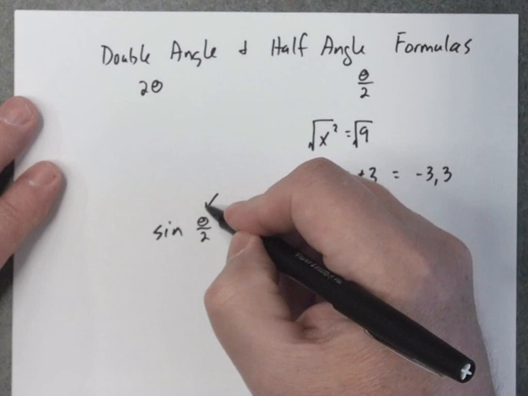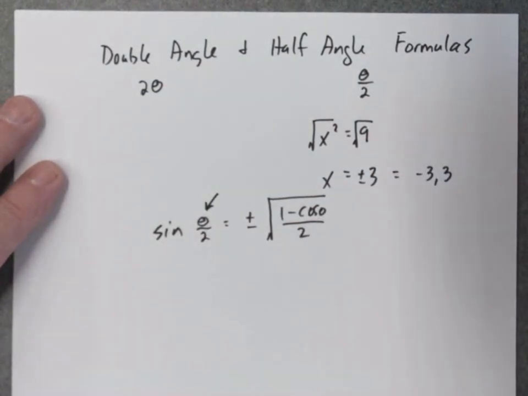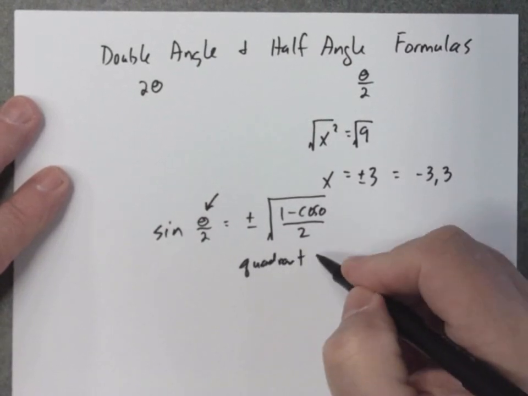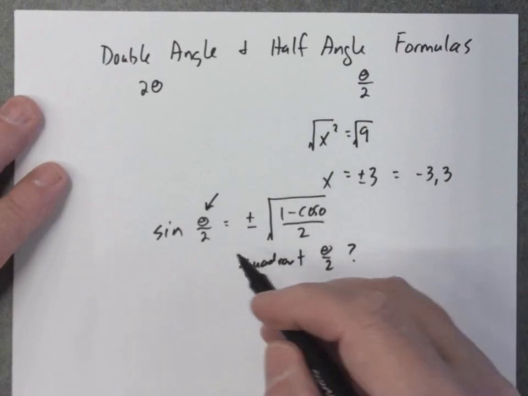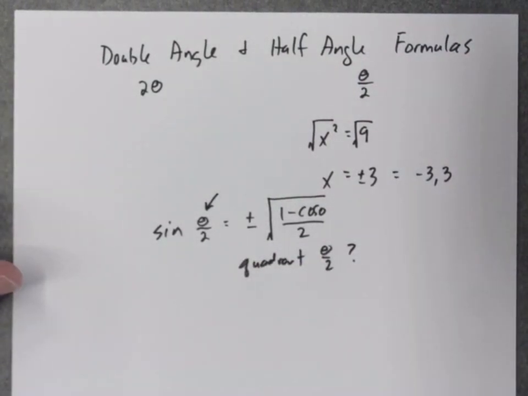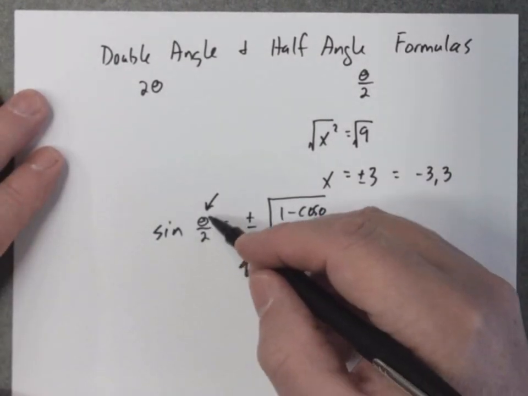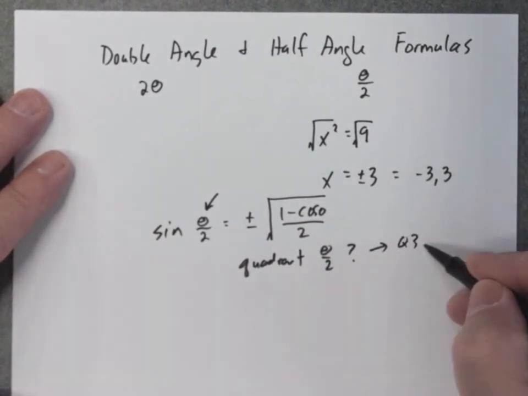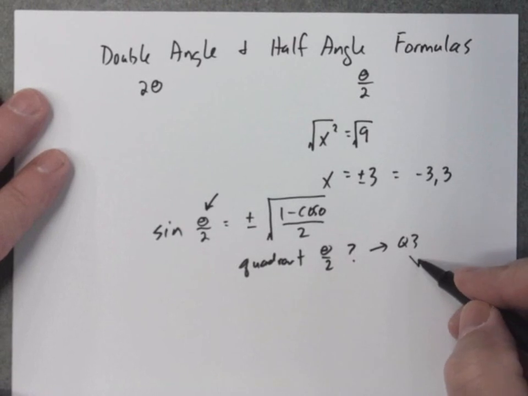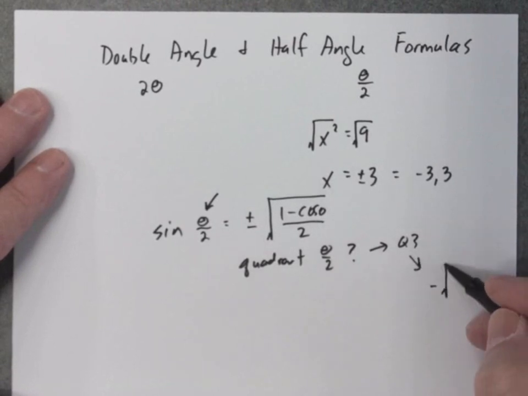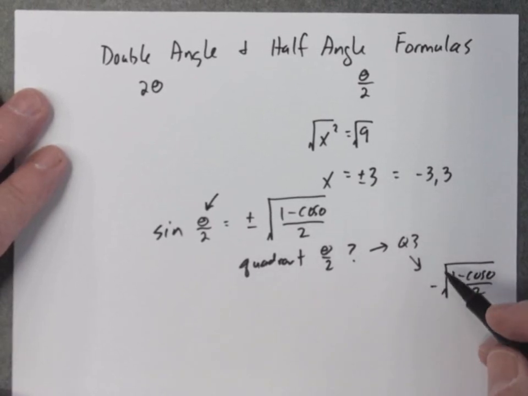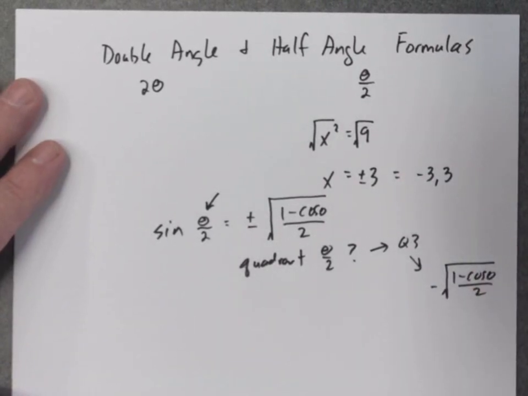And it goes back to, you go see which quadrant the angle theta over 2 is going to be in. So if you do a problem where you figured out that this theta over 2 angle is in quadrant 3, then in your formula you put the minus in front, because you know in quadrant 3 the sine has to be a negative number.